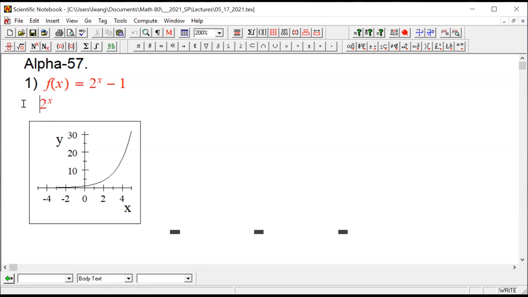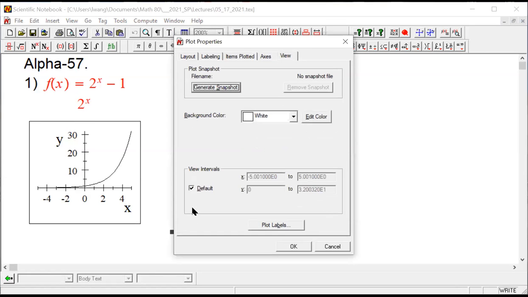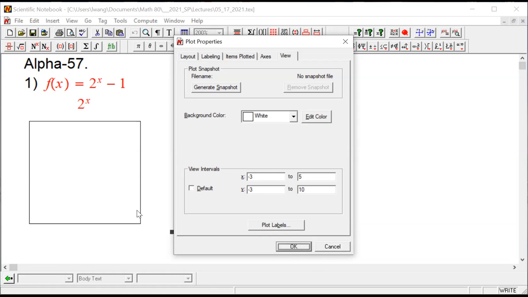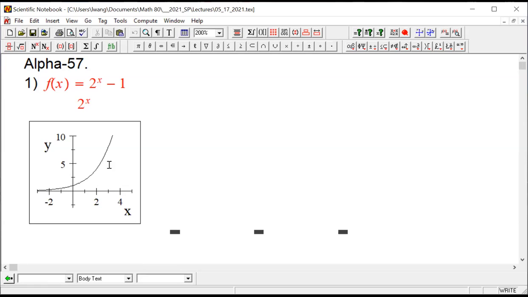So please do that along with me. Okay, so I'm going to make some adjustment to the view. Something like that. Okay, so that's 2 to the power x.